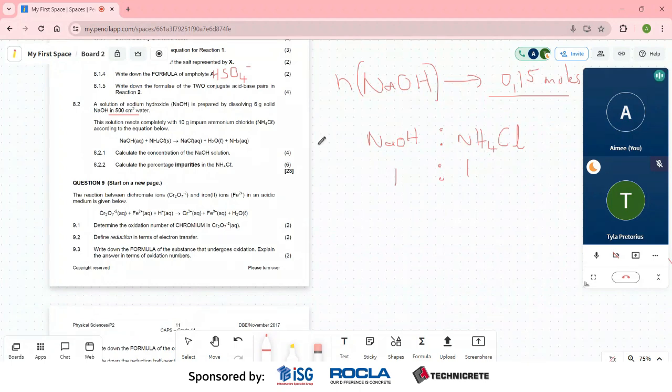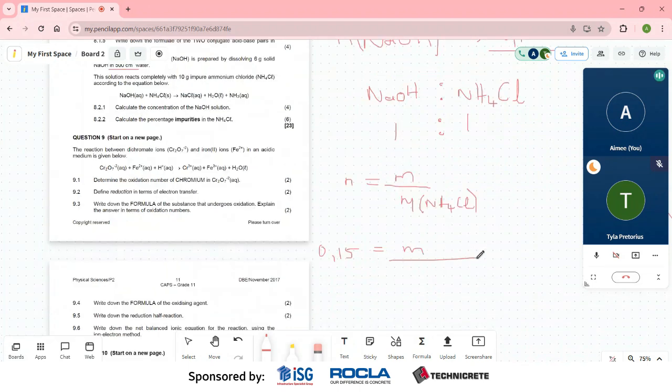So now all we have to do is convert our number of moles of NH4Cl into a mass. So we say n is equal to small m over big M, or my molar mass. So I say 0.15 is equal to the mass, which is what we're looking for, and now we need to get the molecular formula for NH4Cl.